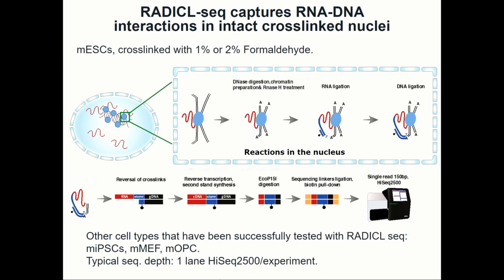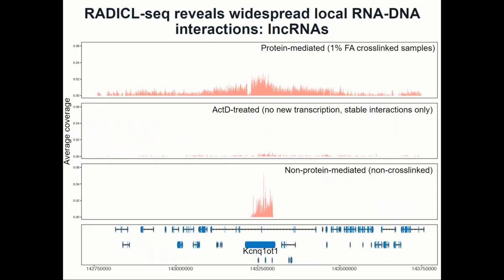We sequence about one flow cell of HiSeq 2500 per experiment, and we map RNA-chromatin interaction at a very high throughput. So I have many more slides, but I would just like to show some samples of the slides.